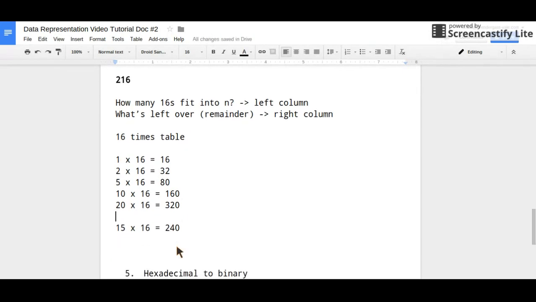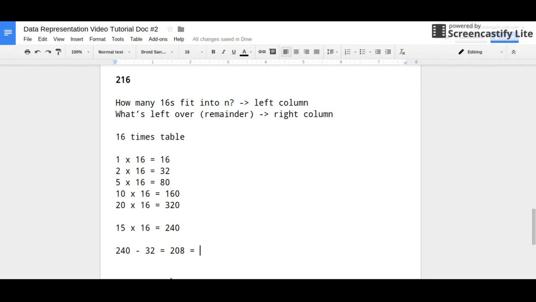Okay, so we're getting somewhere. I know that 2 16s are 32. So let's take away 32 from 240, and what that gives us is 208. Okay, so then we're getting there. So 240 is 15 16s, and then 2 16s is 32.